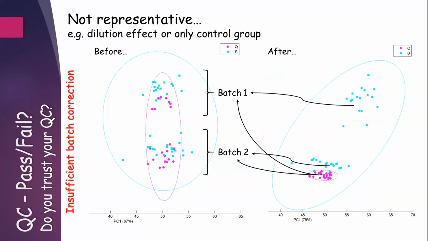I presume it was due to a dilution effect by pooling, that even though the shift in the batches was removed in the QC samples, so there you can see we could get the shift between the batches out in the QC samples, that correction didn't pull through sufficiently to the actual samples. So you have to bear this in mind in your statistical analysis, so maybe add the batch effect as one of your factors.